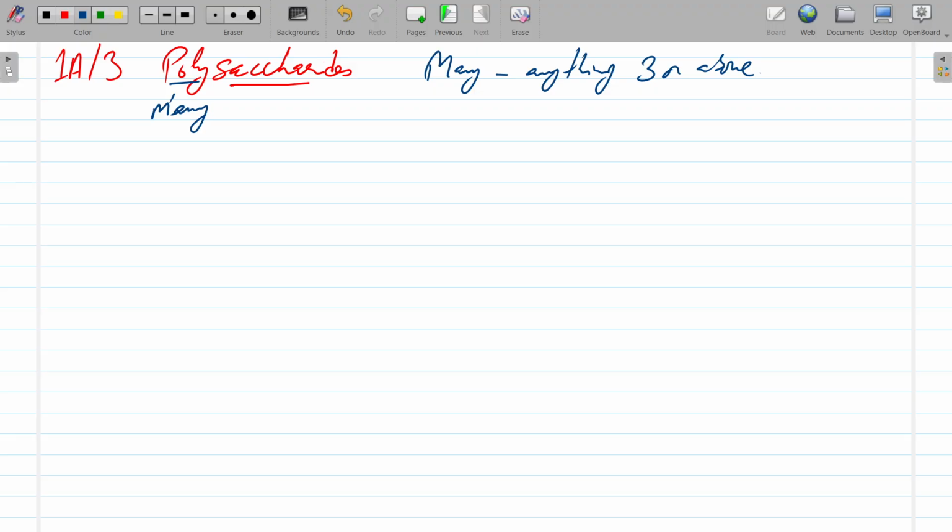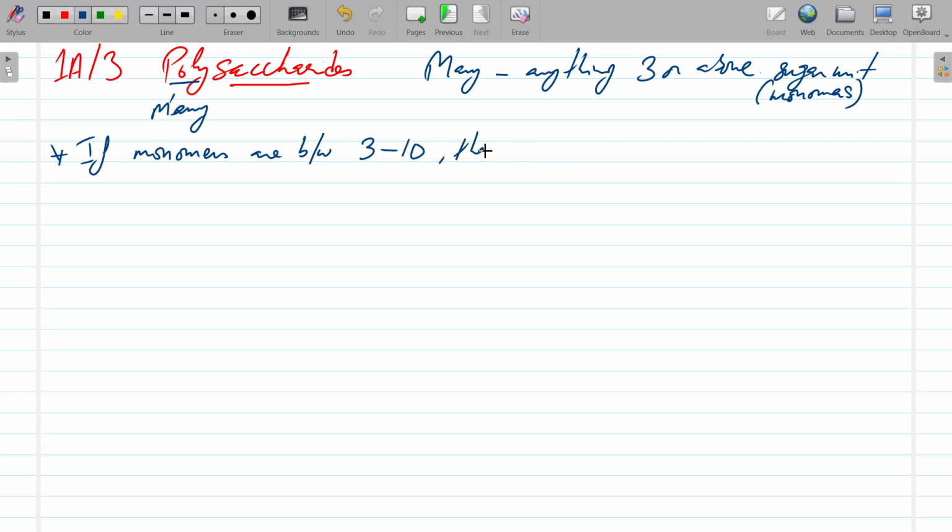Now, a certain technical detail: even among the polysaccharides, if the number of monomer units forming the polysaccharide is between 3 and 10, then they have a special name.